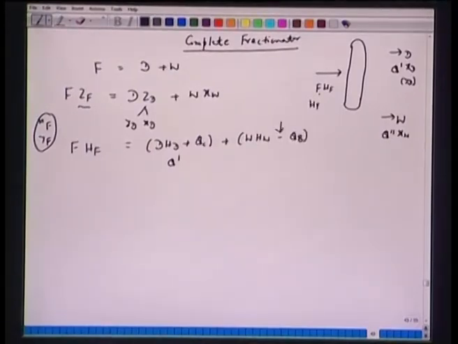So, make a note here, plus QC and minus QB, this is the energy which goes into the system, and we can write this as D Q dash plus W Q double dash. So, F HF equals D Q dash plus W Q double dash, F ZF equals D ZD, or D XD, or YD, plus W XW, F equals D plus W.